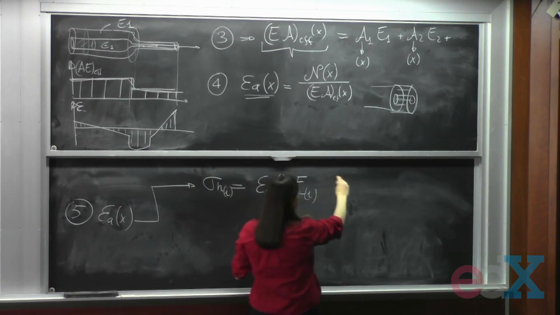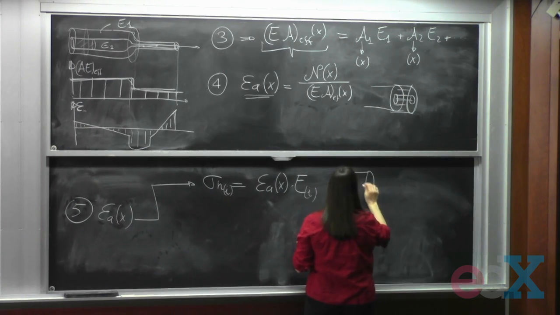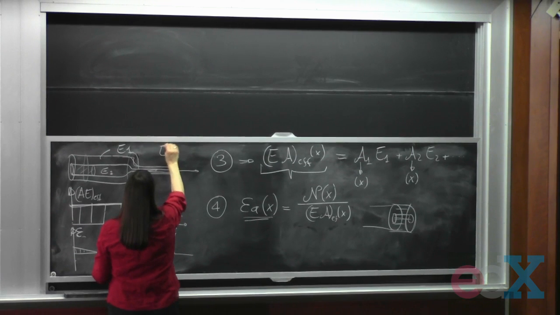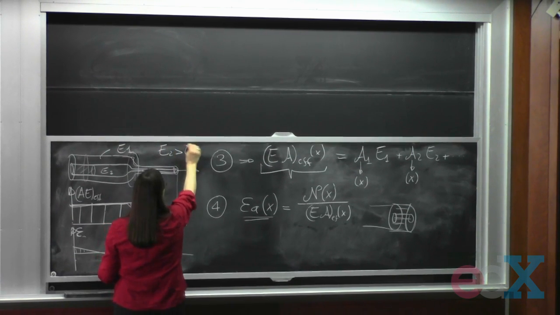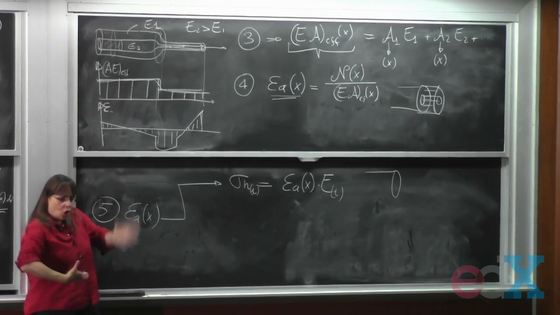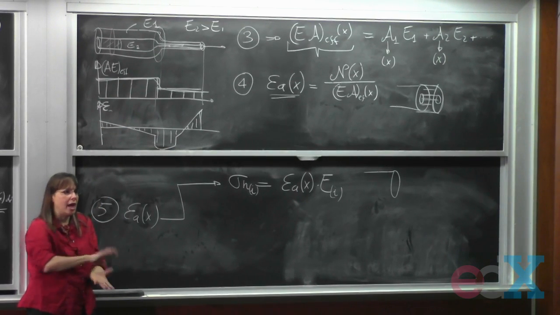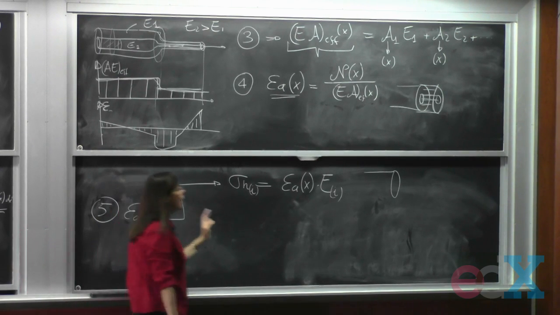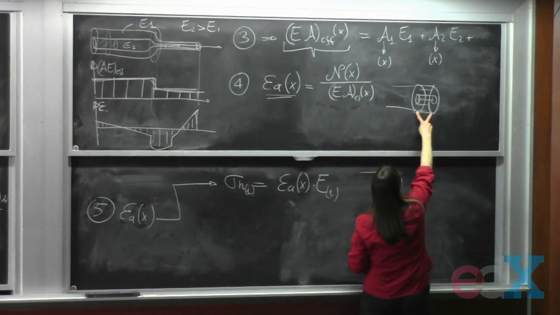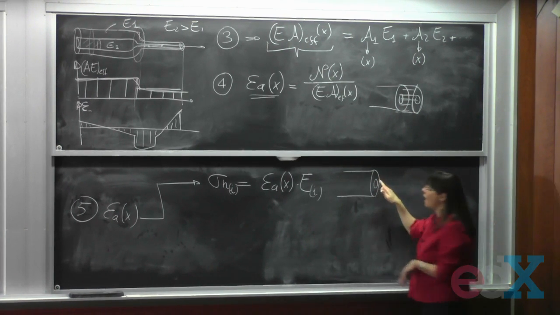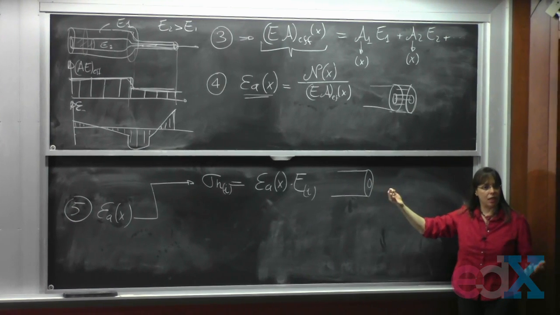So the strain is the same, but if I plot the stress, say that in this case E2 is greater than E1. E2 greater than E1 means the core of that bar is stiff, and the sleeve is mushy and soft. Okay? So if that's the case, they both have the same strain. Which one is going to have the higher stress, the core or the sleeve?